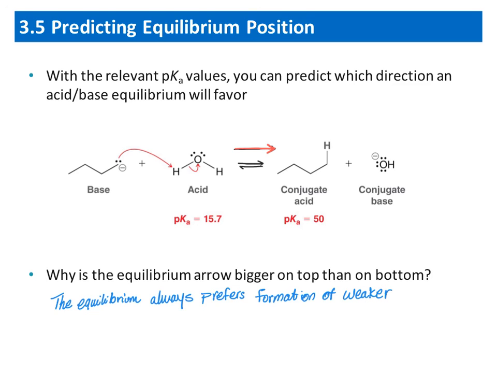So this is a really important concept here. And the weaker acid always has higher pKa values.